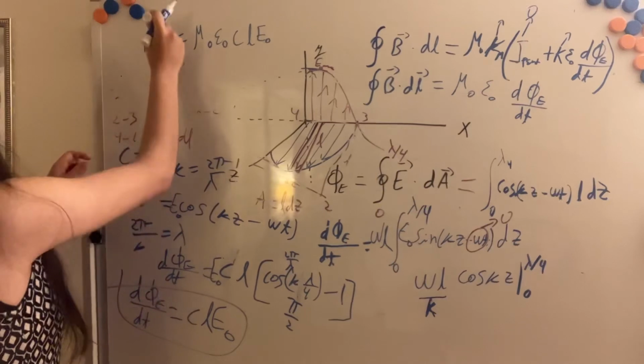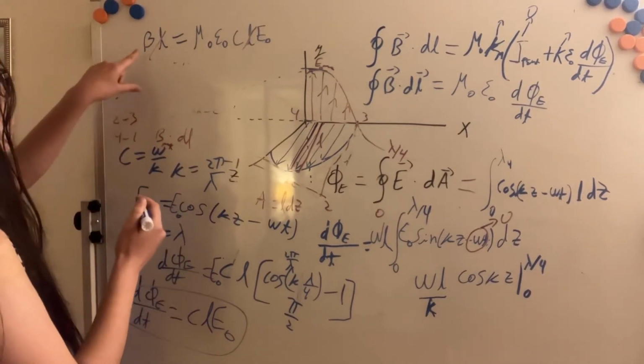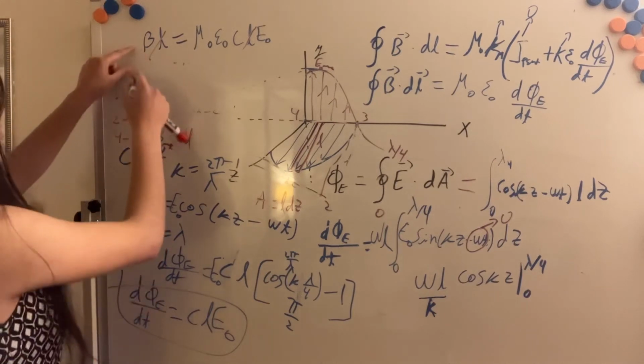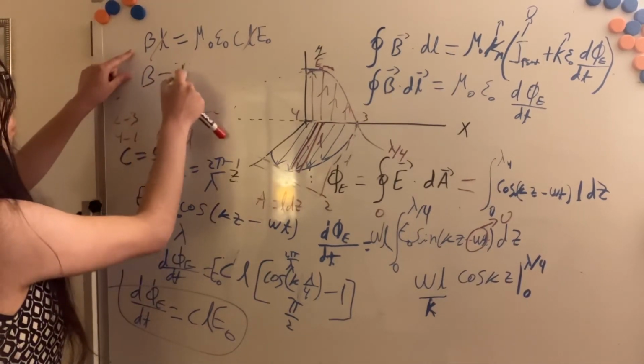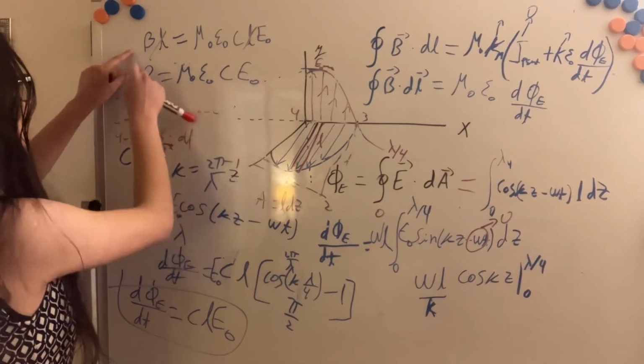So we can cancel the L's, and that is, we have B is equal to mu naught epsilon naught C times the electric field.